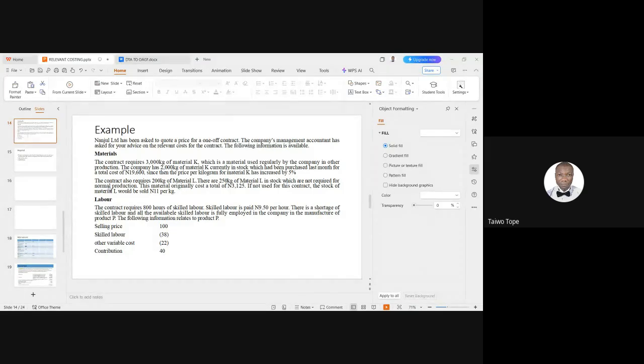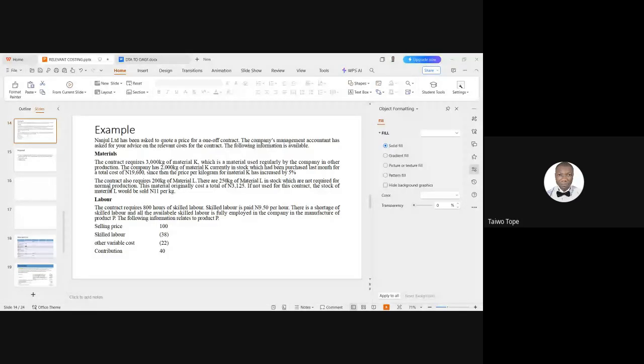So what do you think will happen here? We'll use the scrap value since it's an opportunity cost. Yes, that is what you will lose if you use it. So the scrap value of 11 naira per kg.